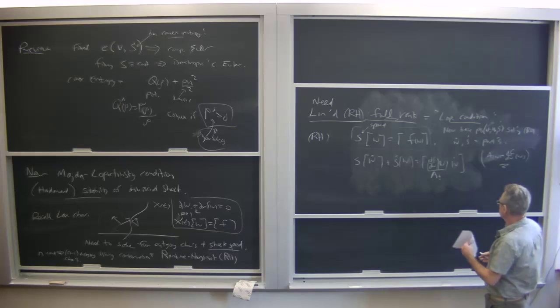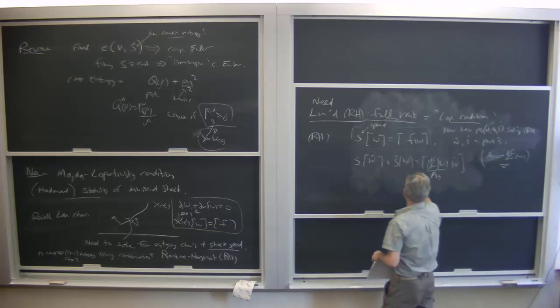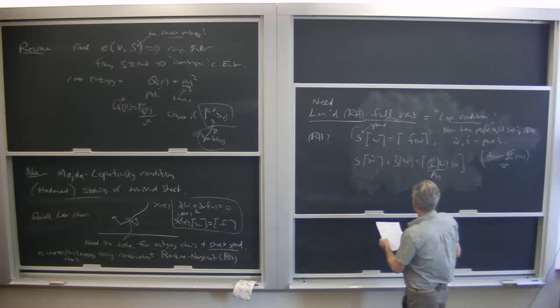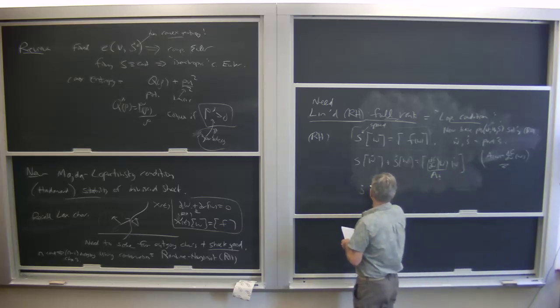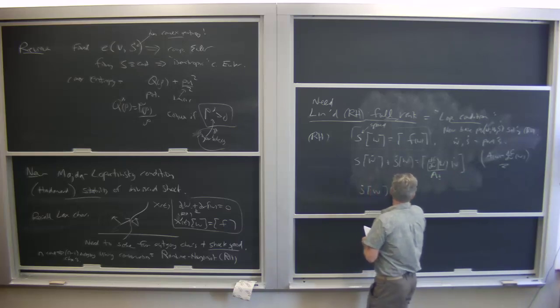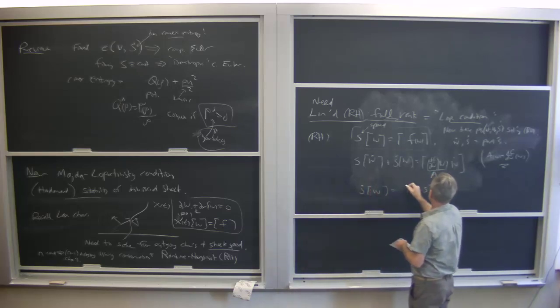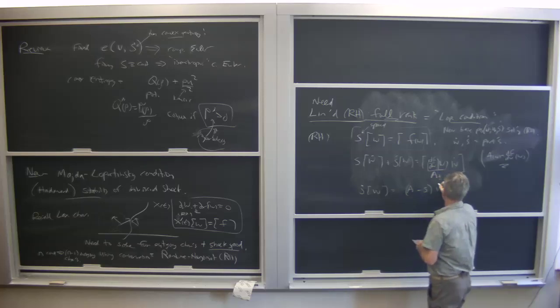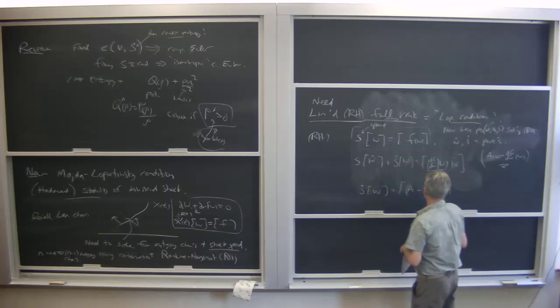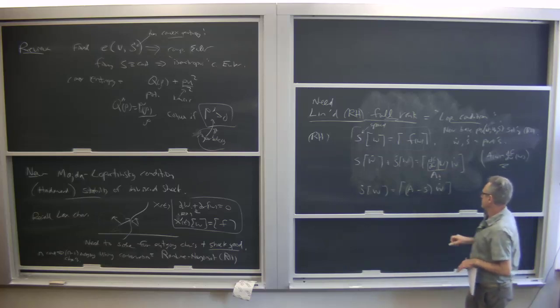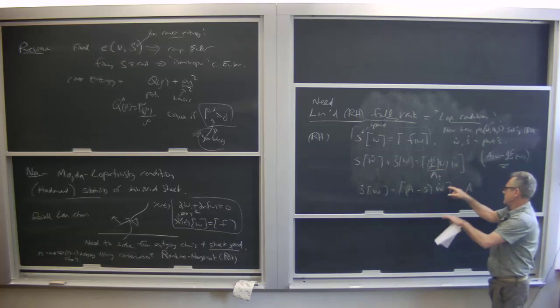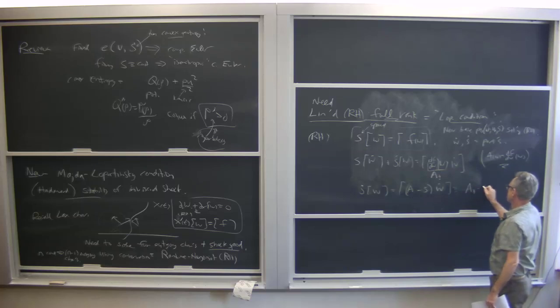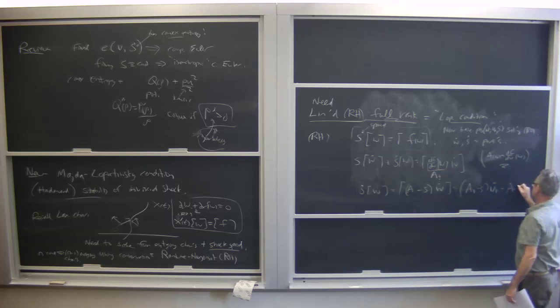Then I can move this to the other side and I have S dot jump in W equals A minus S W dot jump. The jump means the difference between the plus, the right-hand side, and the minus. So this is A plus minus S W plus dot minus A minus minus S W minus dot.